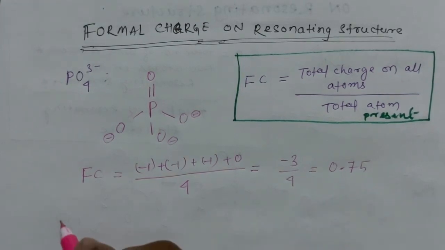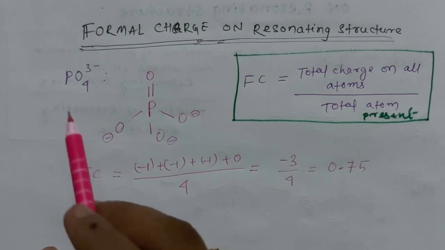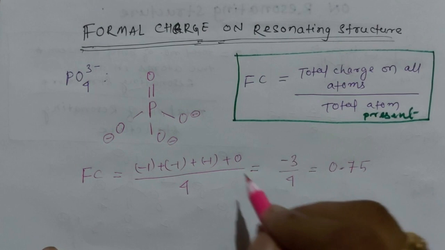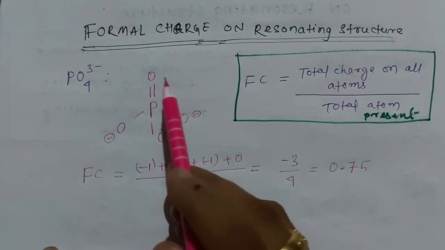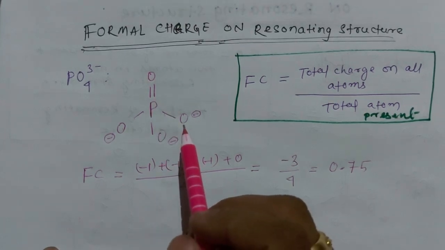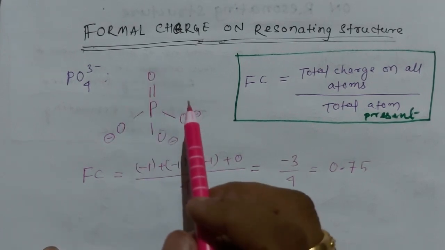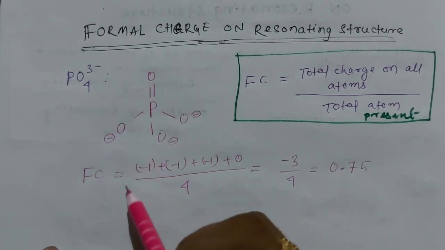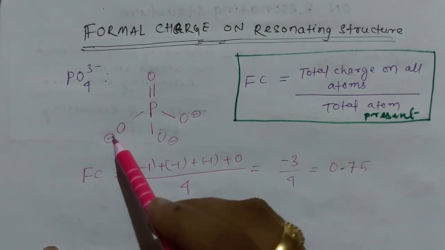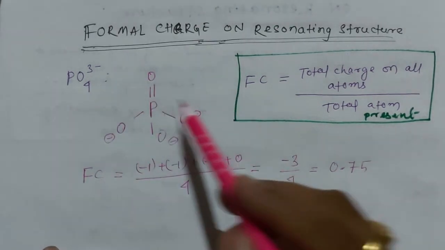So if it is asked what is the formal charge on the oxygen in PO4 3 minus, you have to calculate like this. If it is not specified what the formal charge of this particular oxygen is, and it is asked for the formal charge of the oxygen in PO4 3 minus, you have to calculate like this, because this is a resonating structure, and in a resonating structure the electron is dispersed over 4 oxygen atoms.